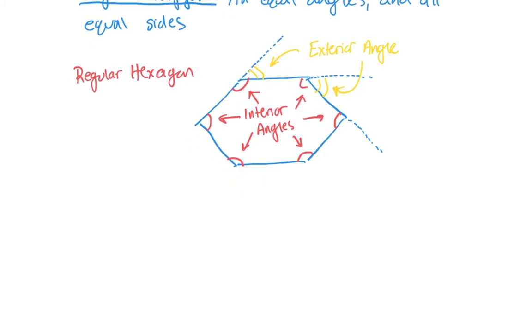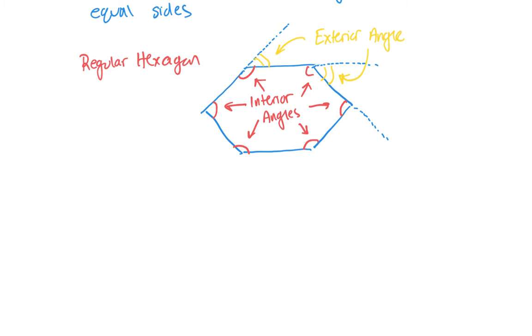So there's a few facts that we need to get down about interior angles and exterior angles in polygons. So this is worth writing: facts about interior and exterior angles in polygons.